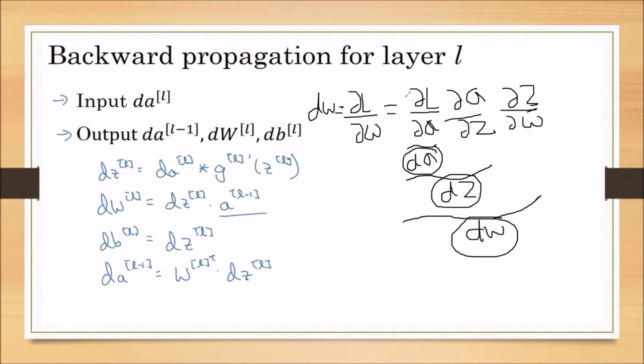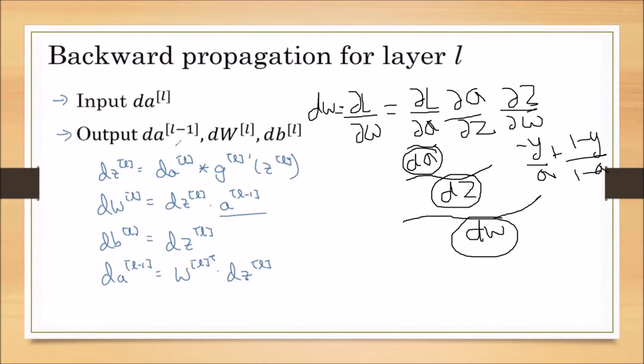So dA means dou L by dou A. L is minus Y log A plus 1 minus Y log 1 minus A. When we differentiated, we got this dA: minus Y by A plus 1 minus Y by 1 minus A. This is fixed for the last layer we are calculating; depending upon the layer, this value we can represent.